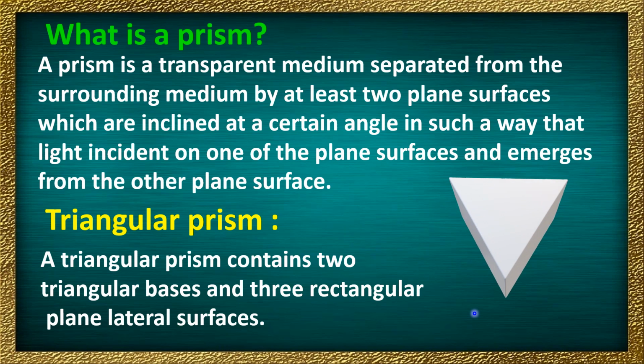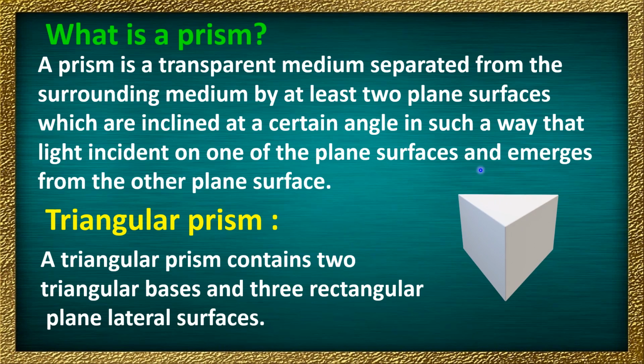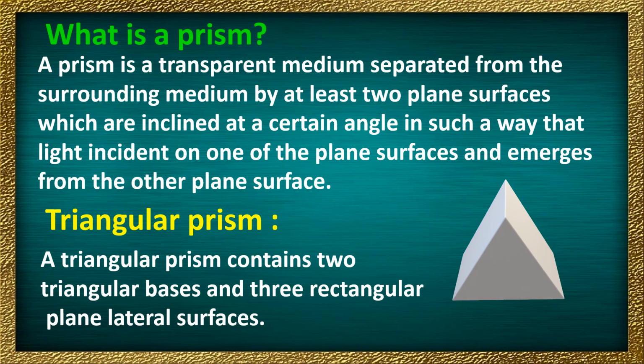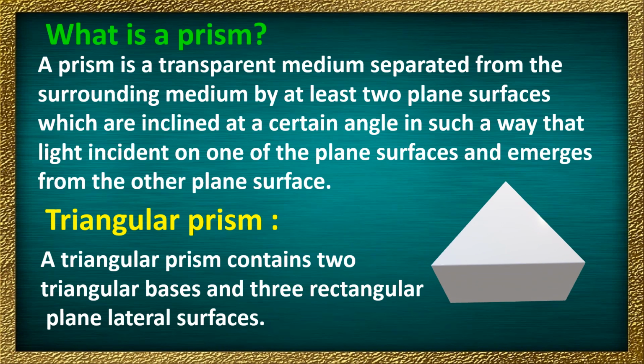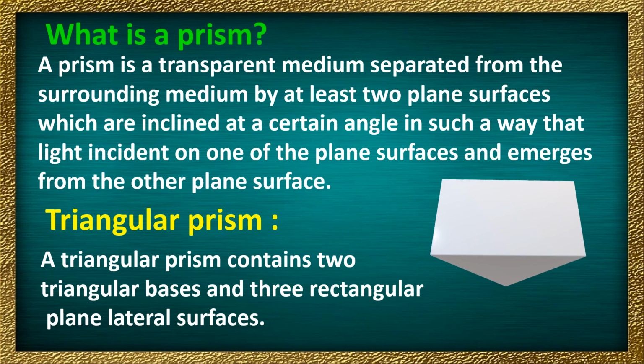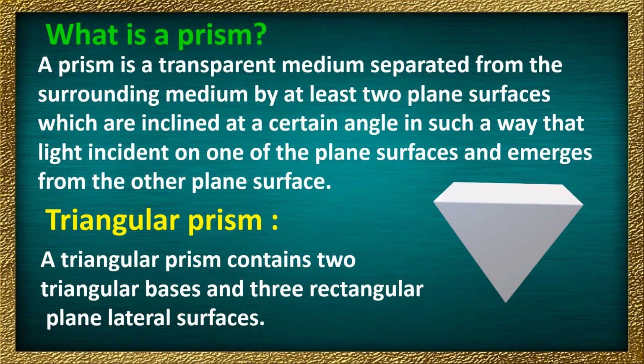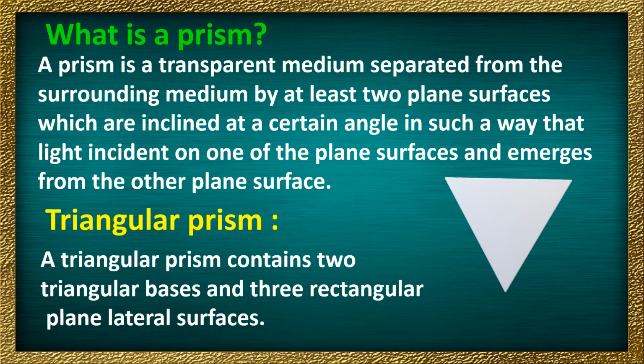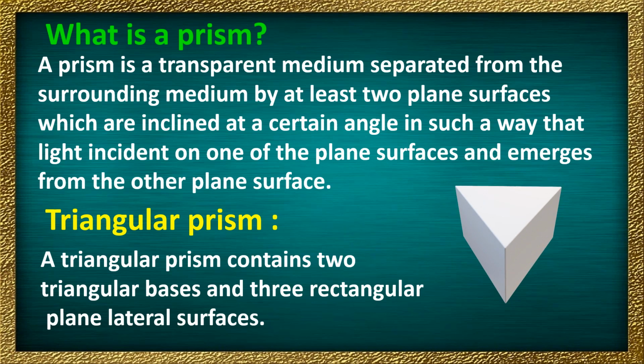I will show how, if three rectangular plane surfaces are joined or inclined at a certain angle, then a triangular prism will be formed. Isn't it? Here I am showing you how a triangular prism is formed. Now, formation of a triangular prism.